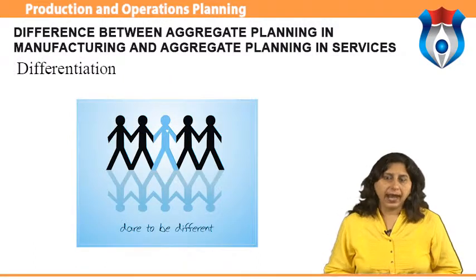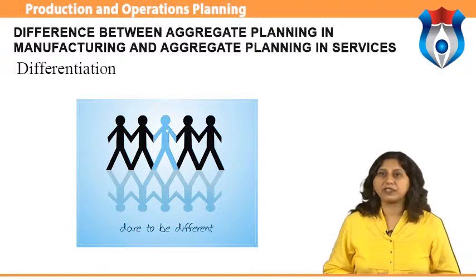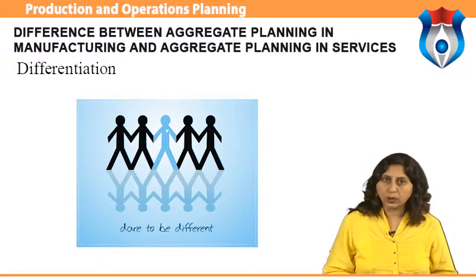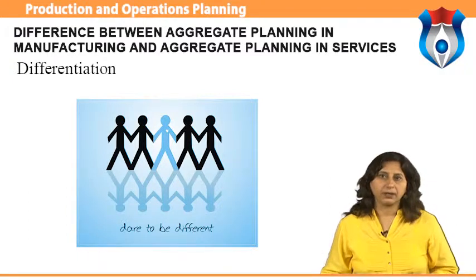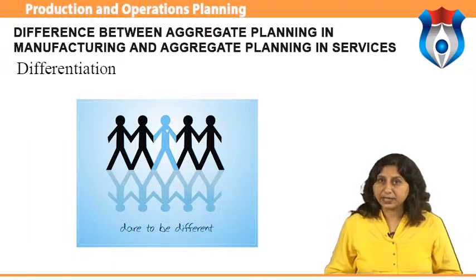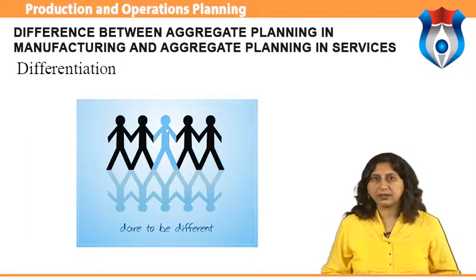Differentiation. Aggregate planning in manufacturing works well because of the ability to produce, hold, and sell inventory at any given time. Alternatively, aggregate planning in services differs substantially because services cannot be inventoried.